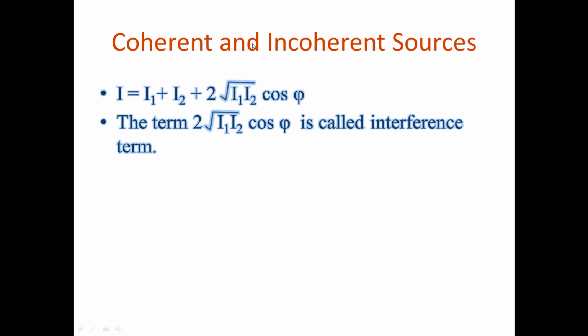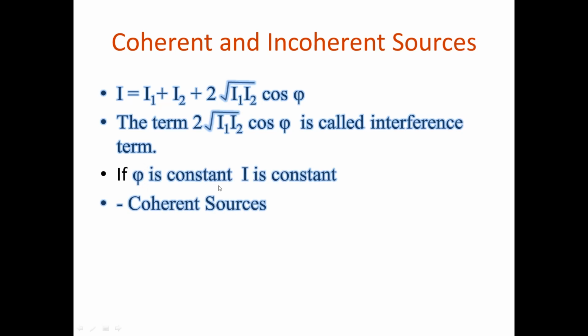Now let us see coherent and incoherent sources. The resultant intensity is given by I1 plus I2 plus 2 root I1 I2 cos phi, and the term 2 root I1 I2 cos phi is called interference term. If phi is constant, then cos phi is constant, so the intensity will be constant.